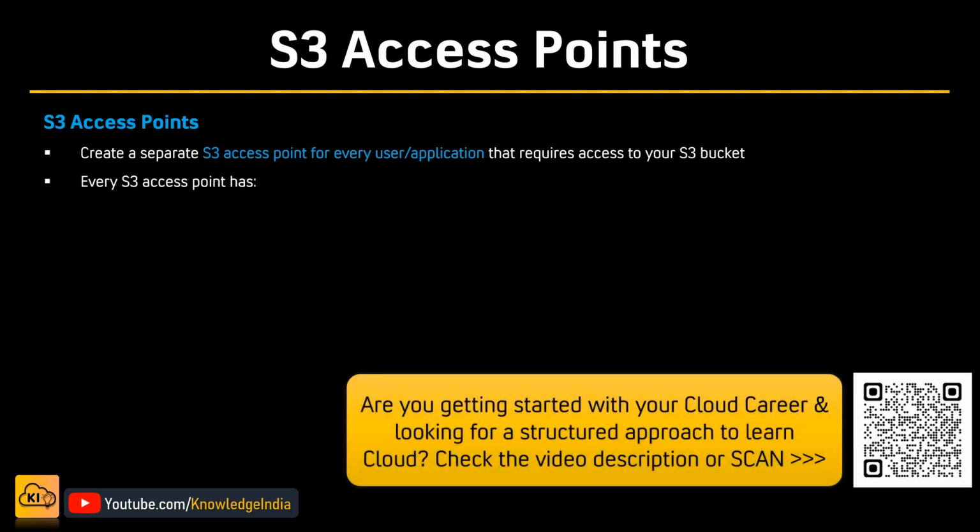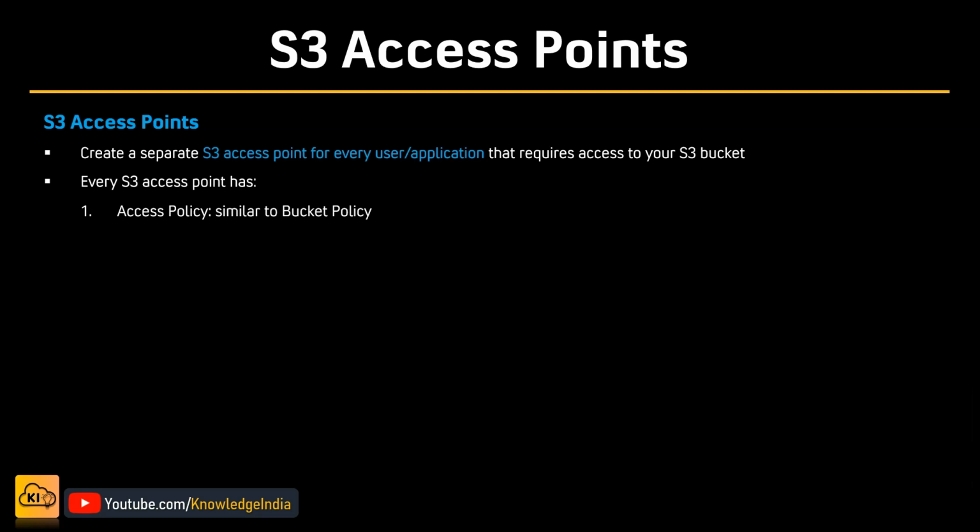So what's great about it? With every S3 access point, you get an access policy, which is quite similar to bucket policy. You can control that what sort of actions will be allowed at that particular access point level. I'll show you this thing in our demo, so it will be clear to you, but it is similar to bucket policy. At least in the grammar, it is similar to bucket policy.